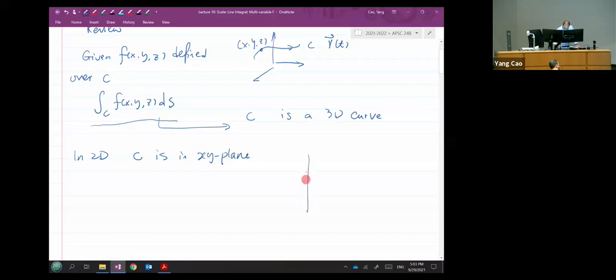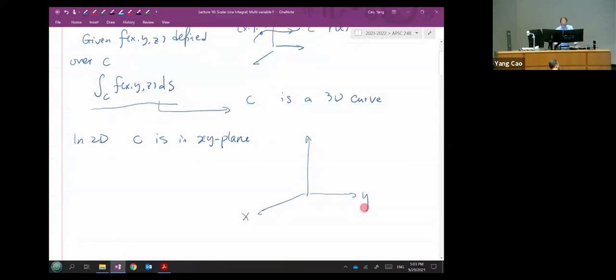I'm still going to draw this in a 3D sense. So C probably will look like this. That's 2D, in the XY plane, so this is a 2D curve.